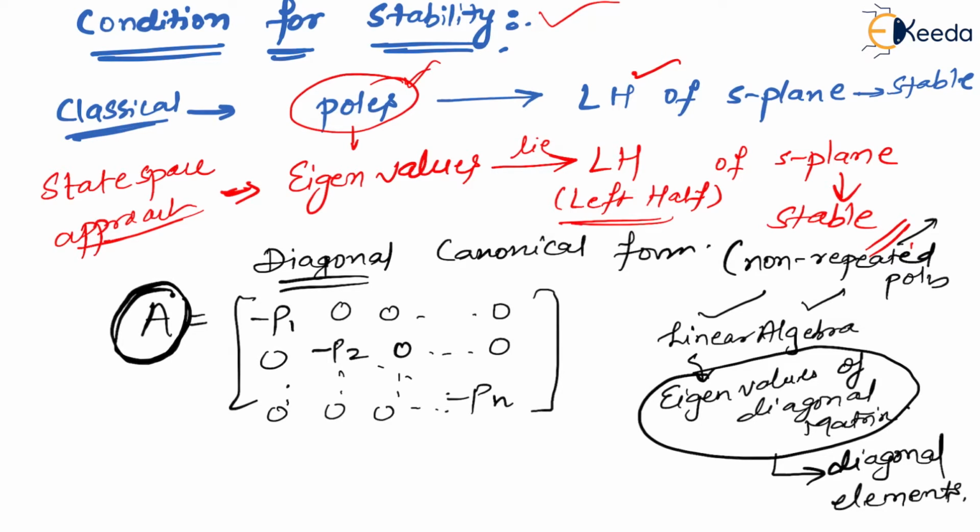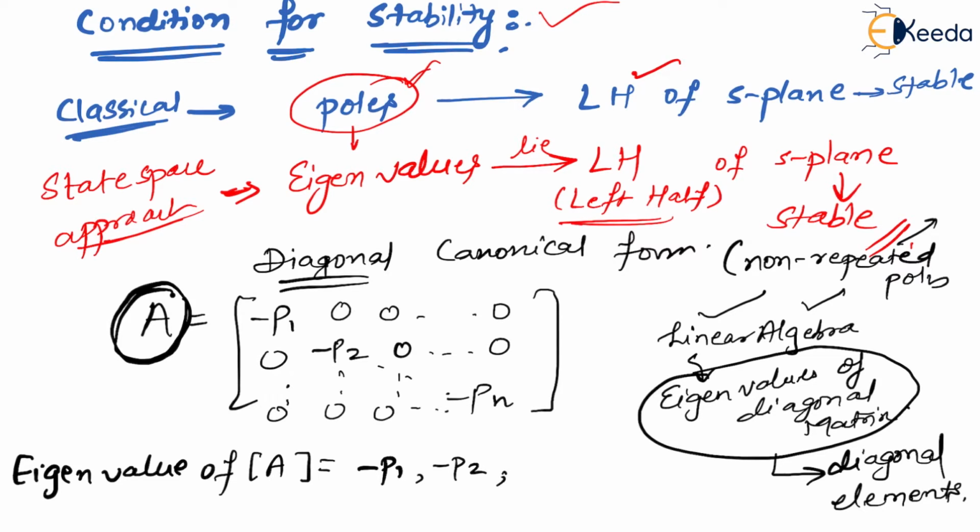Because it tells you about the stability. How does it tell you? Because the diagonal elements are nothing but the poles, or I can say the eigenvalues, of the matrix A. So the eigenvalues of matrix A are minus p1, minus p2, up to minus pn.